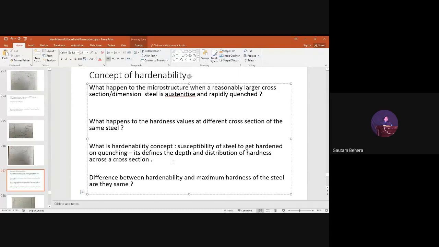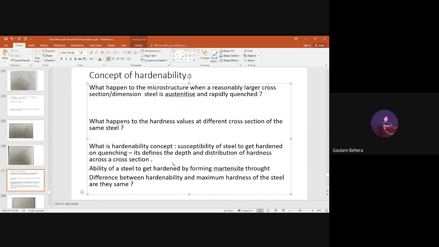It also can be defined as the ability of a steel to get hardened. How? By forming martensite. So hardenability is nothing but the ability of a steel to get hardened by forming martensite. How?